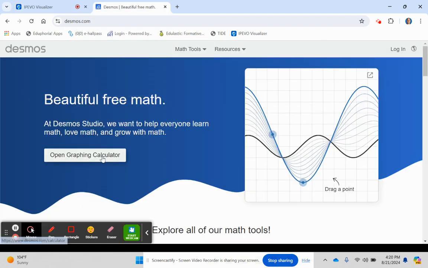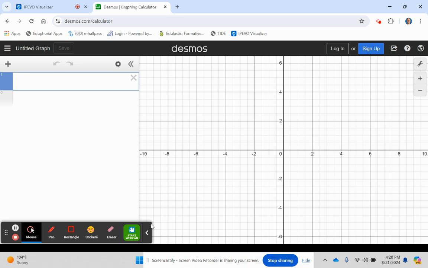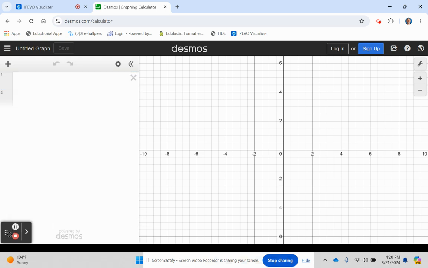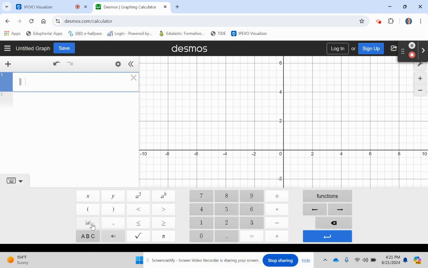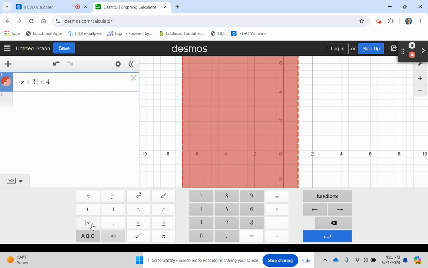So I'm going to graph it. Okay, so absolute value of x plus 3 less than 4.